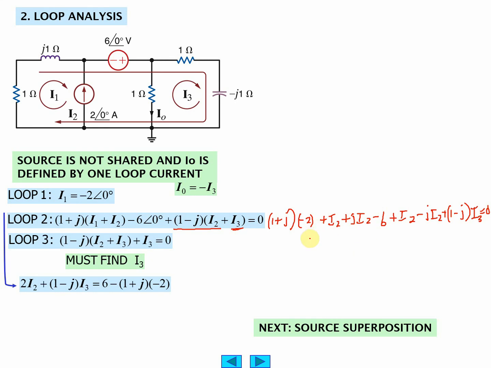Okay, so we can see where this term comes from. Move to the other side of the equation the plus 6, just moving it to the other side. The 2I2, where does that come from? There we go, there's the 2 I2s. And 1 plus j.